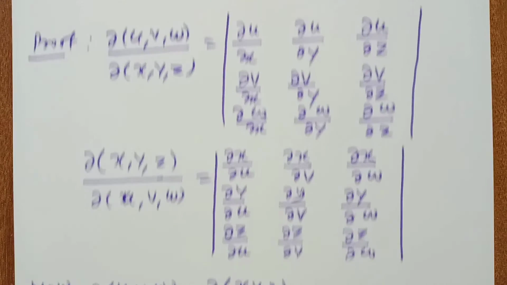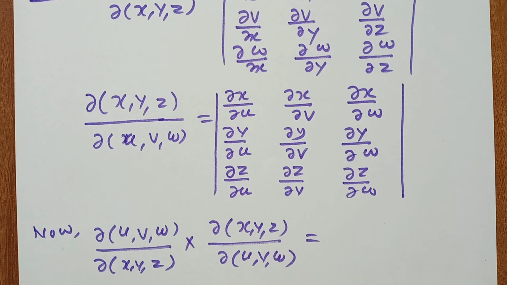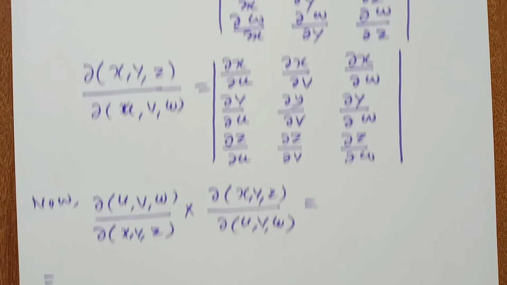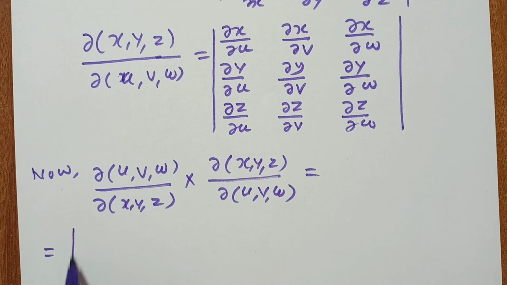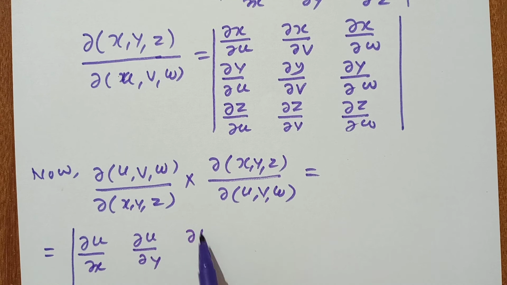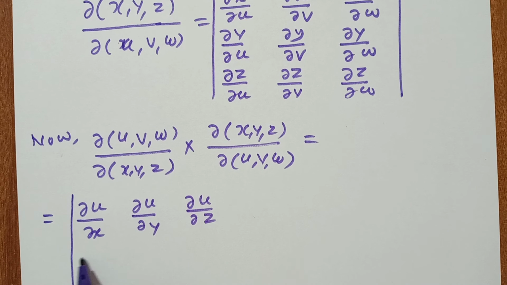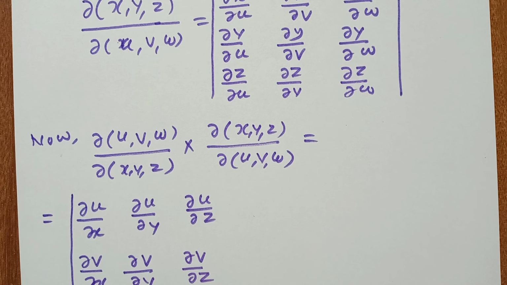Okay, means we will write here del u upon del x, del u upon del y, del u upon del z. Here del v upon del x, del v upon del y, del v upon del z.